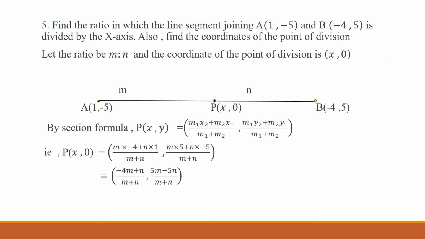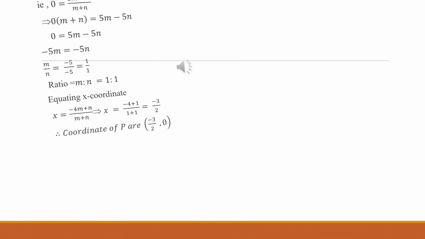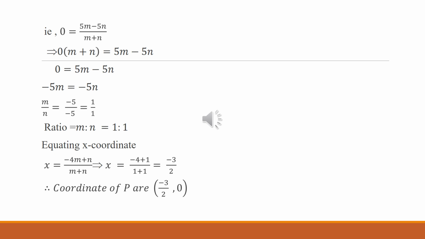That will be 0 is equal to (5m minus 5n) by (m plus n). On transposing, we have 0 into (m plus n) is equal to 5m minus 5n. That will be 0 equal to 5m minus 5n. Transposing 5m to the left hand side, it will be negative 5m is equal to negative 5n. So, finding ratio m by n is negative 5 by negative 5, which is equal to 1:1.